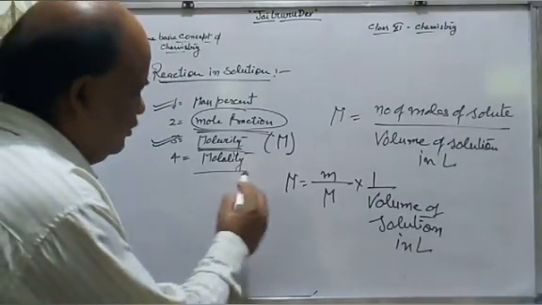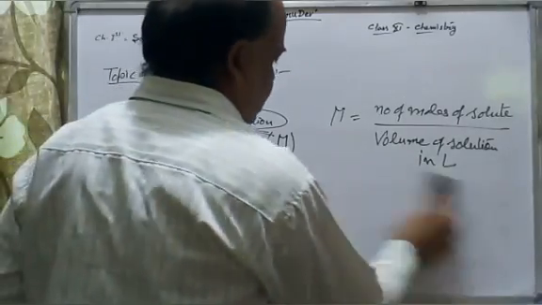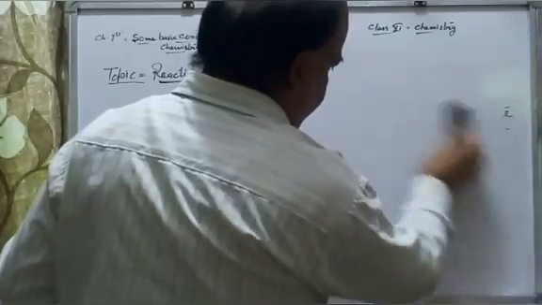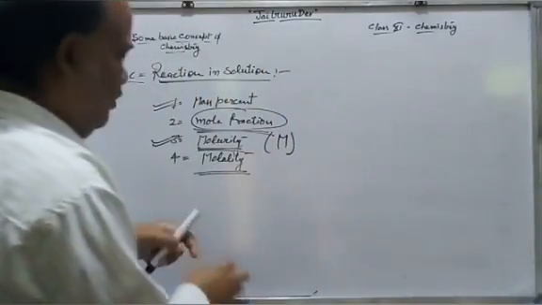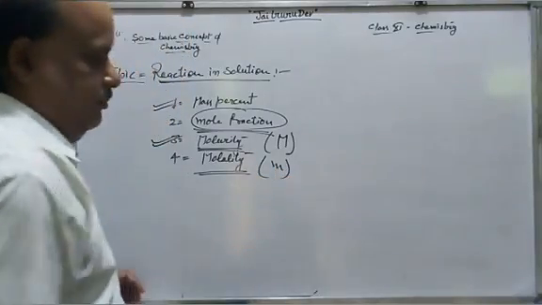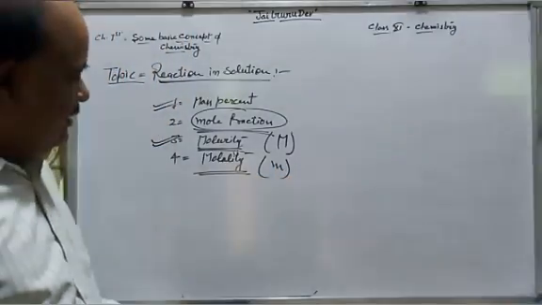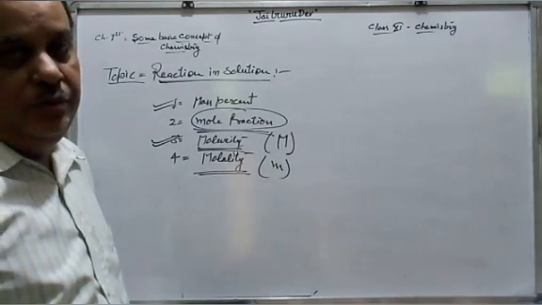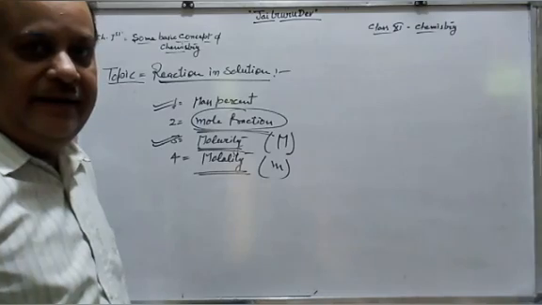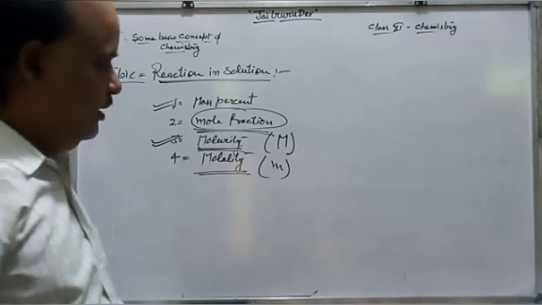Next topic is molality. Molality is denoted by small m. Molality can be defined as number of moles of solute present in 1 kg of solvent.